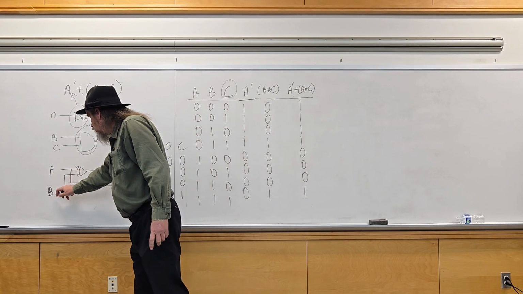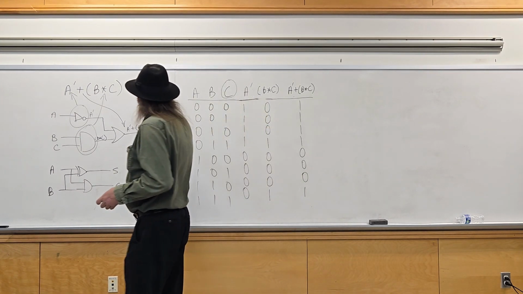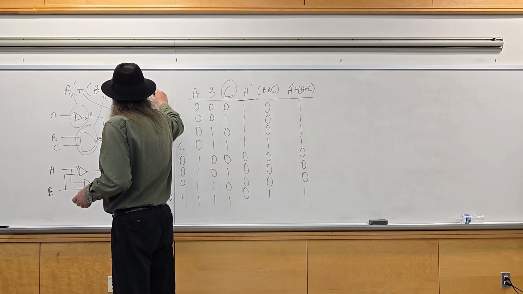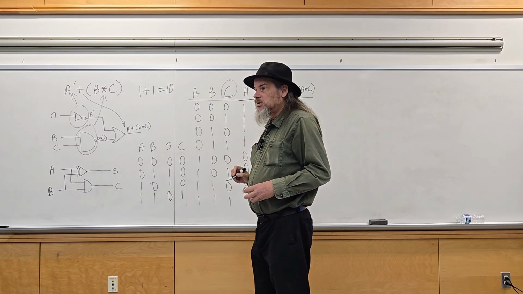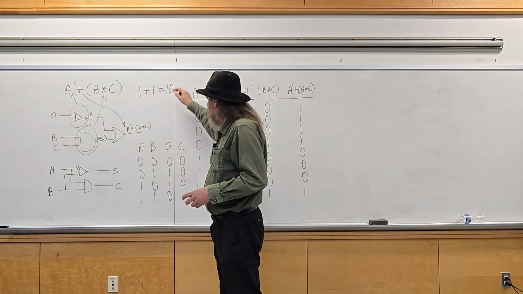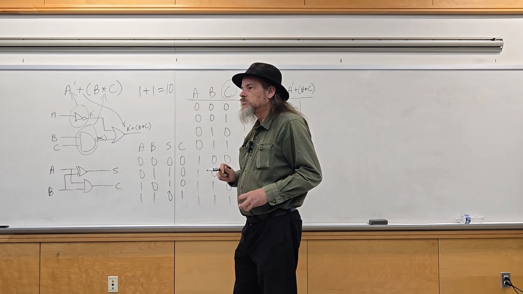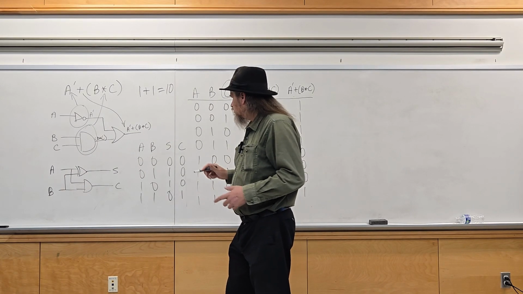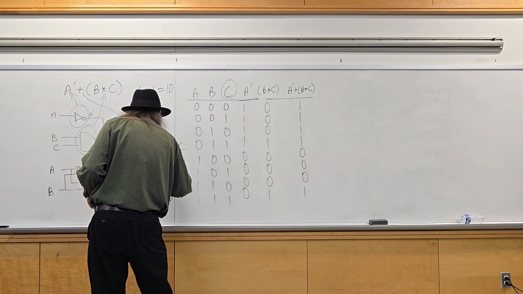If A and B are both 1, binary math, right? So you need a 1 to carry the 1, and your sum will be 0. So actually, I should have been putting this. Whoops.